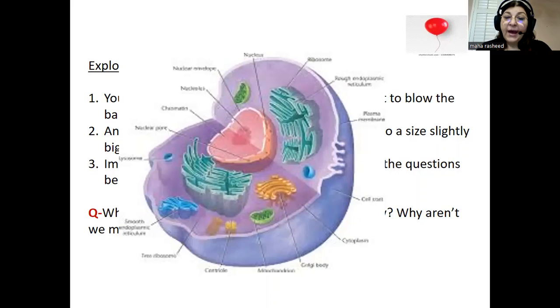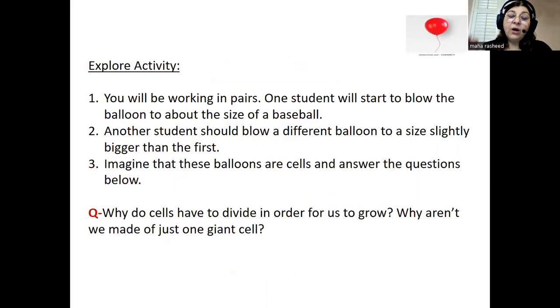So the activity is, I have the procedure on the board. I want a student to read the first step. Yes, I want another student to read the second step. Okay, very well. So you are going to work in pairs.